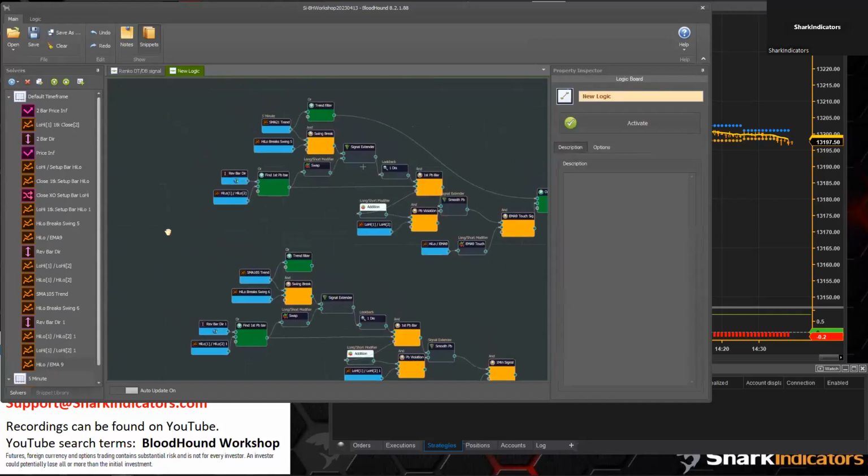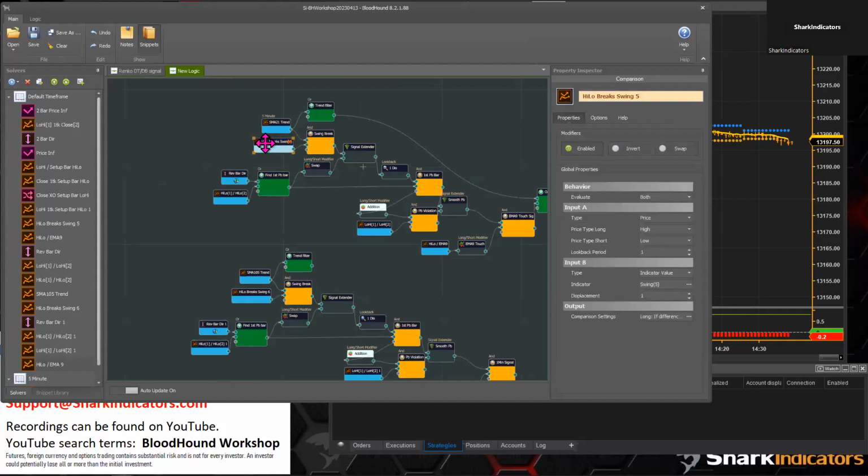And okay, actually, here's a better example. This solver up here is looking at the swing break, the high or low price breaking the swing. And so this is the same solver. For now, be mindful that the numbers get incremented when you make a copy.